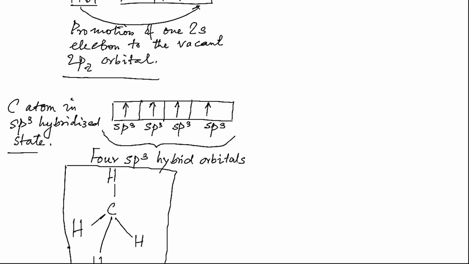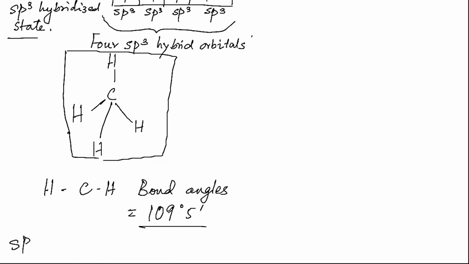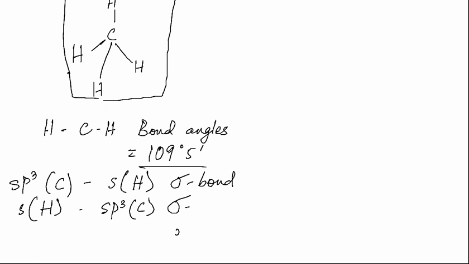Since the CH sigma bond results from the overlap of the sp3 hybrid orbital of the carbon with the 1s orbital of the hydrogen, it is also designated as sp3 carbon-s hydrogen sigma bond, or you can say s hydrogen-sp3 carbon sigma bond. So these are the options that are possible.